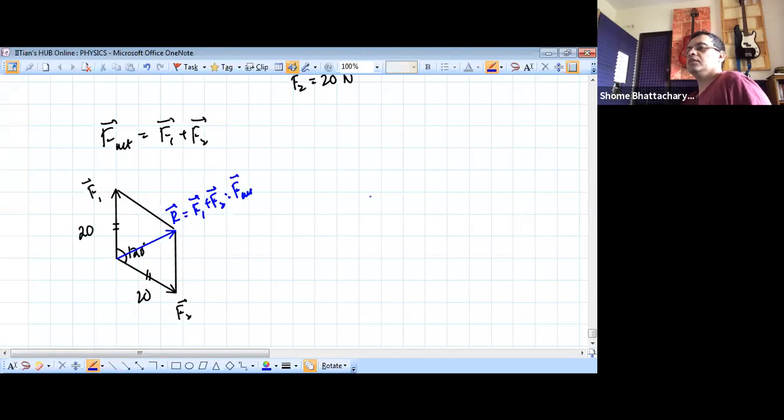Now you can use the trick here that in a rhombus, if these two sides are a each, and this total angle is theta, okay, then the diagonal bisects this angle.